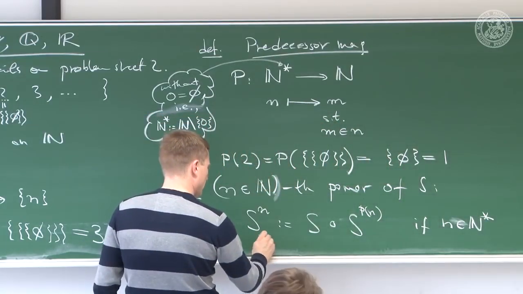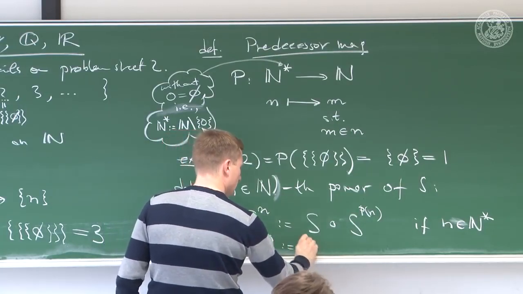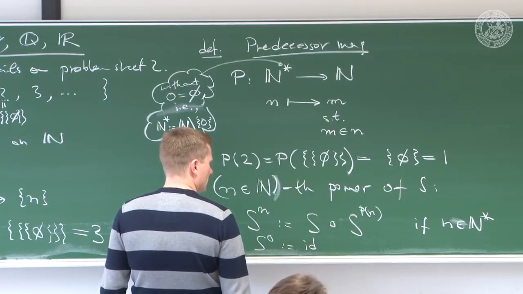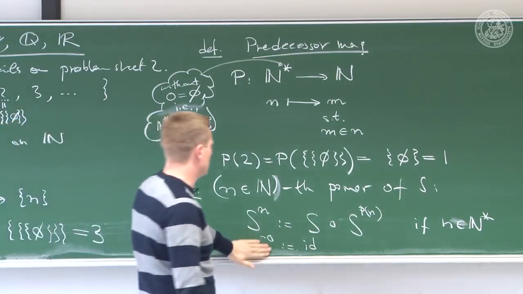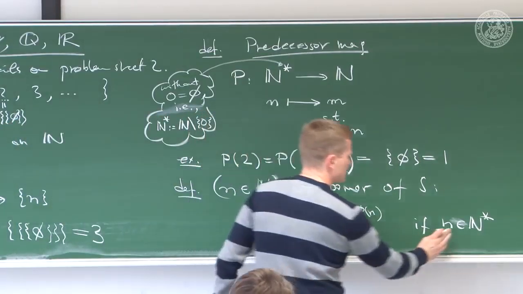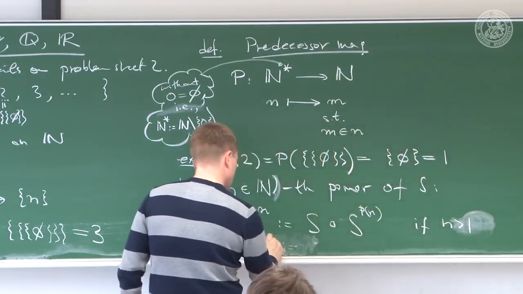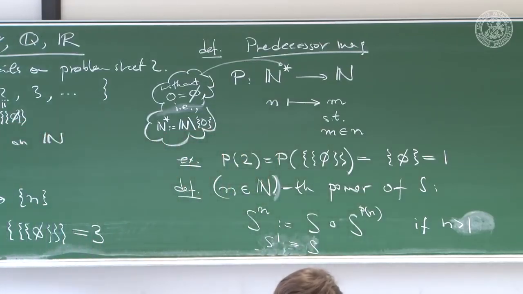And we define S to the 0 to be the identity. Well, it's easier to say here informally if n is greater than 1, and S to the 1 is, of course, simply S.